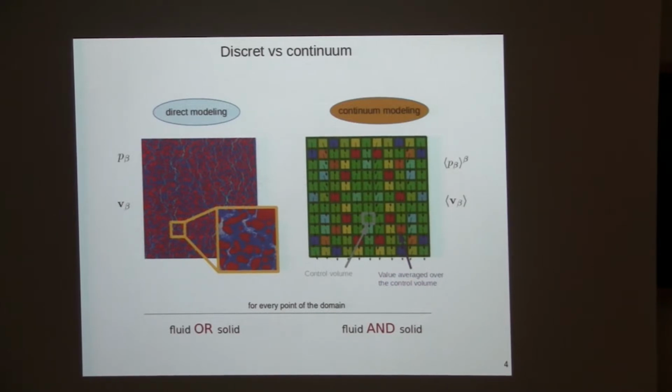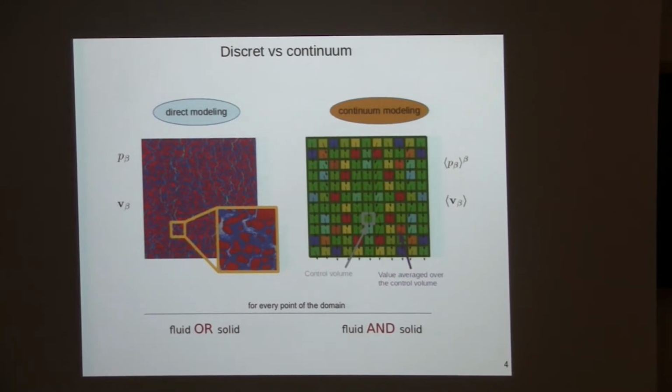Very importantly, at that scale, we have an interface between the fluid and the solid, and at this interface, we will need to apply boundary conditions. This is one of the main differences compared with the Darcy scale, and also one of the biggest challenges at the pore scale: to define accurate boundary conditions.